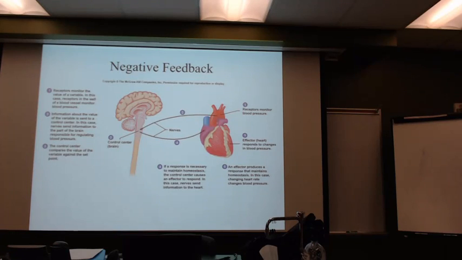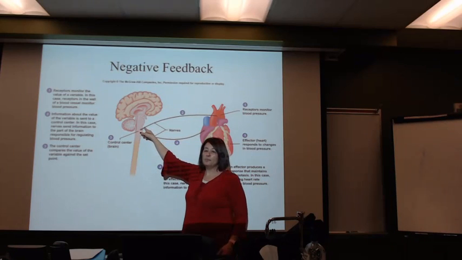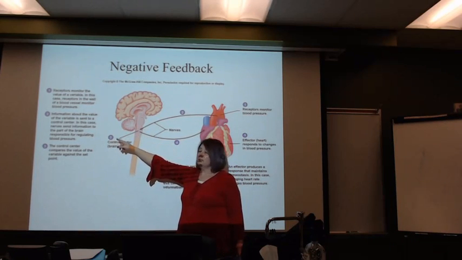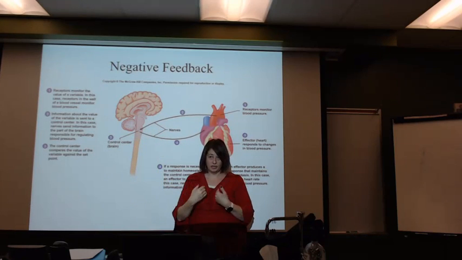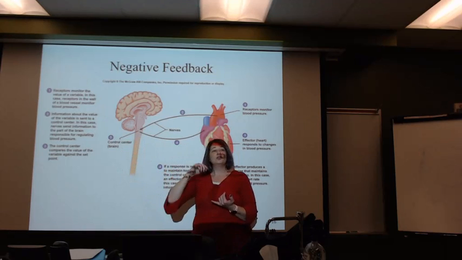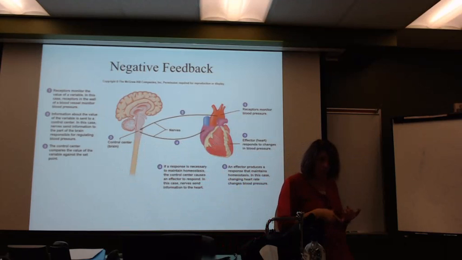Okay? So, in this case, we're going to have a control center in our brainstem, and that information is going to be integrated, understood, okay, integrated, and create an effect.